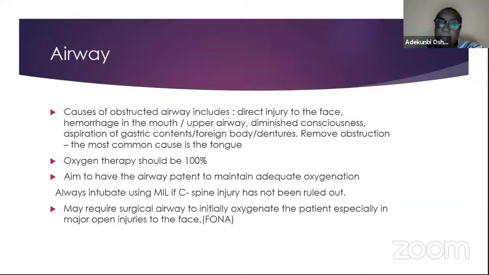As I mentioned earlier, manual inline stabilization must be done to prevent further C-spine injury. And sometimes these patients, because of polytrauma to the face, might require front of neck access, that is tracheostomy or cricothyroidotomy, to be able to give them adequate oxygen and make sure that hypoxia is not occurring in this group of patients.